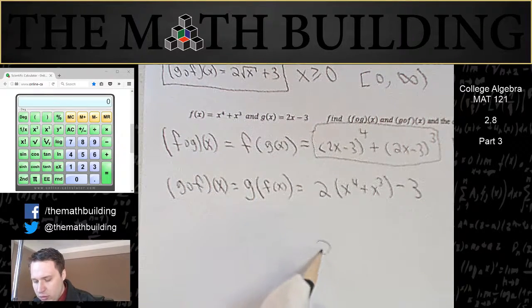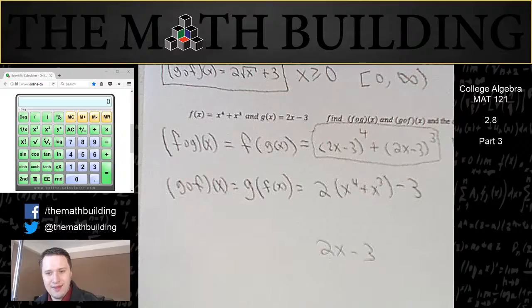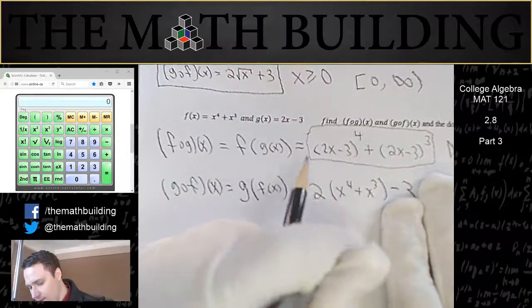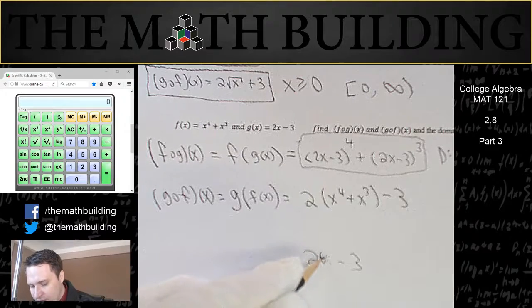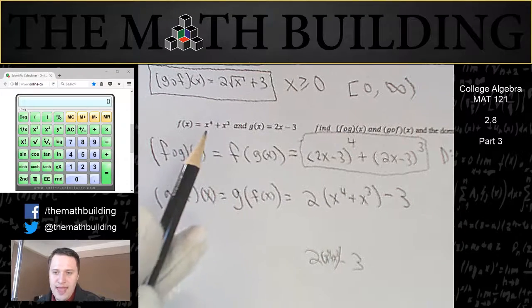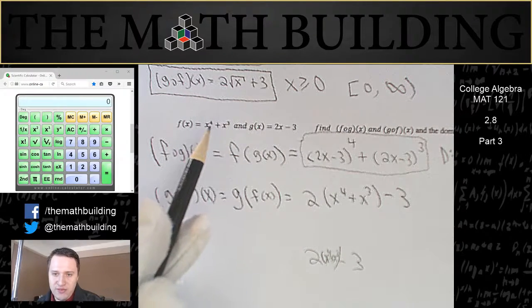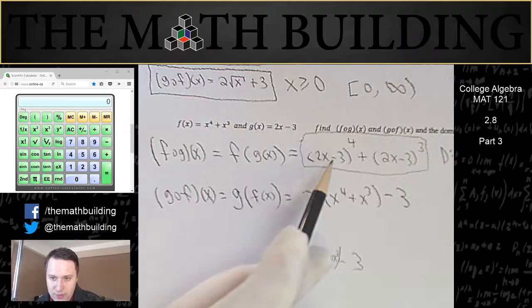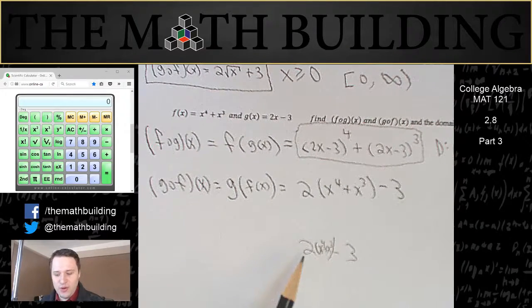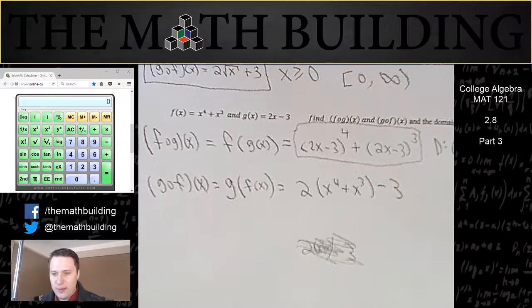So write g, which is 2x minus 3. And then just erase x and put in x to the 4th plus x to the 3. And that's essentially what we just did to get that. Or write f, and then just erase x and write g, 2x minus 3, erase x and write 2x minus 3. I don't like doing that erasing, so I don't do it that way.